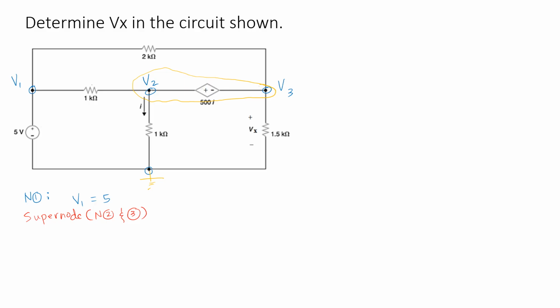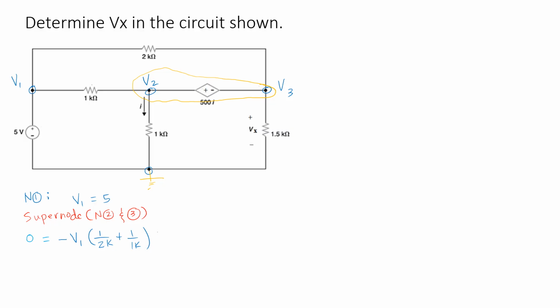There is no current source connected to the supernode, so we have 0. And this is equal now to, first, there is common conductance between the supernode and node 1. So we have to subtract the product of V1 and the sum of the common conductances, which are 1 over 2k and 1 over 1k.